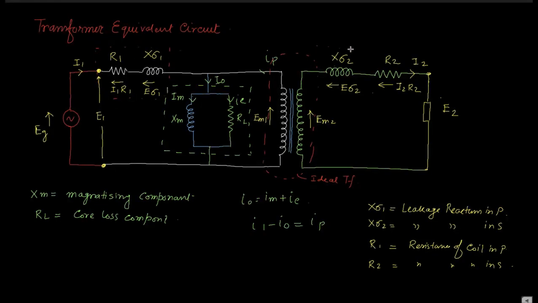This part is the equivalent circuit for the secondary side winding, and this part we draw for the entire core of the circuit. So this is the total equivalent circuit diagram of a practical transformer.